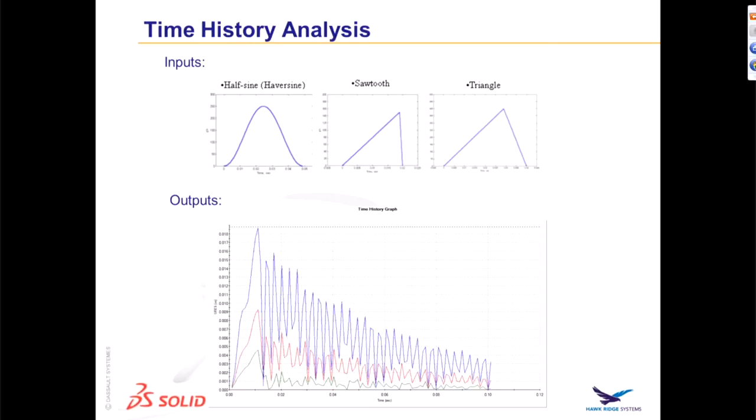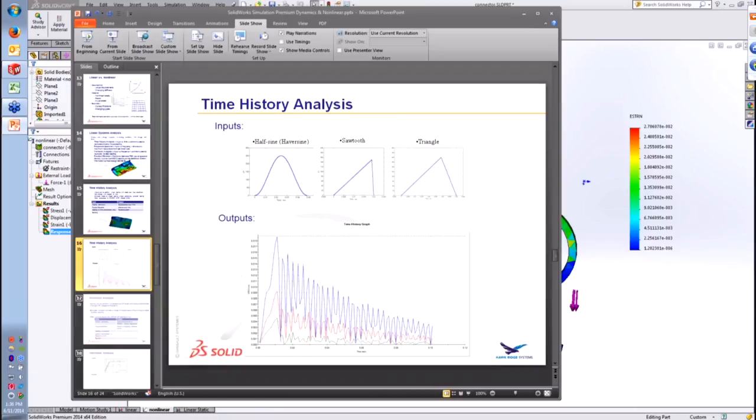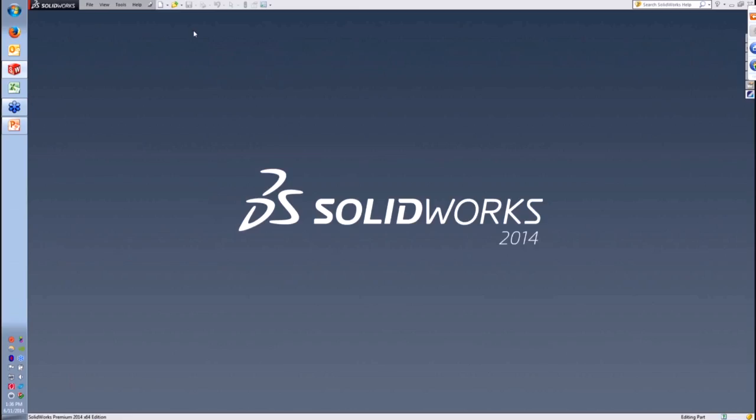Often you'll see that you have a large spike in the g-forces, and then they'll go back to zero, and you'll have a longer period where they stay at zero, where we're simulating that the vehicle's already come to rest, for example, and we just want to see what the vibrating response of the model is, which is what you're getting in the graph down below. So those are showing the displacements of some different points on the model over time as they vibrate back and forth. Let's look at how we would set up one of those types of analyses.